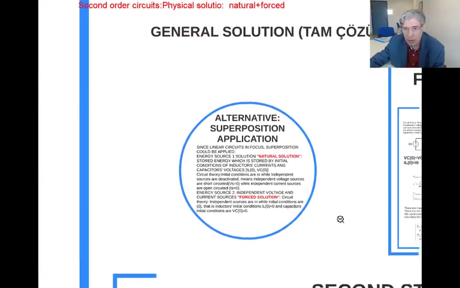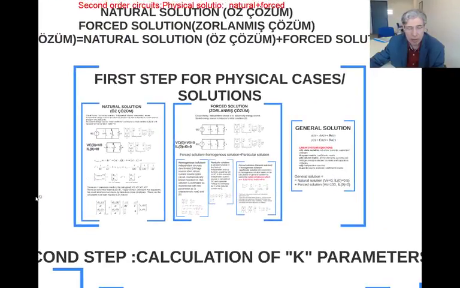Next is going to be this. When the initial conditions are in, that means energy sources related to initial conditions, the solution we found is called the natural solution. So we're going to find that solution.